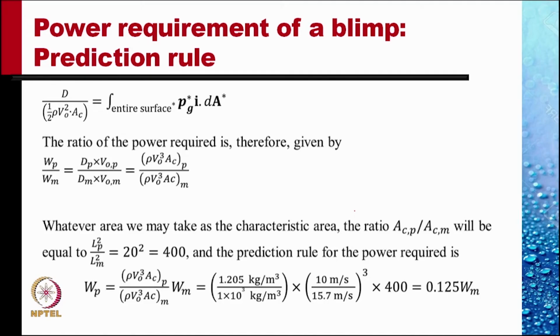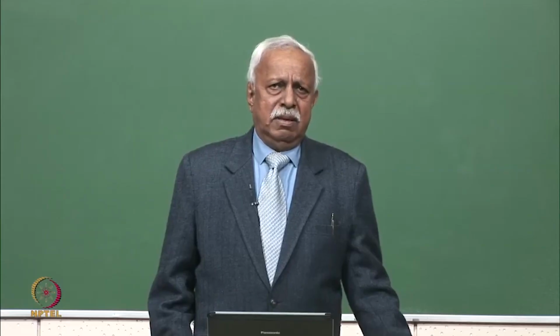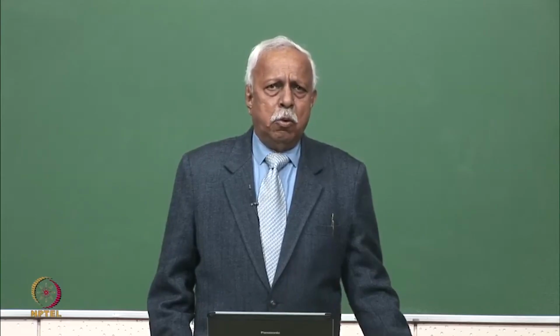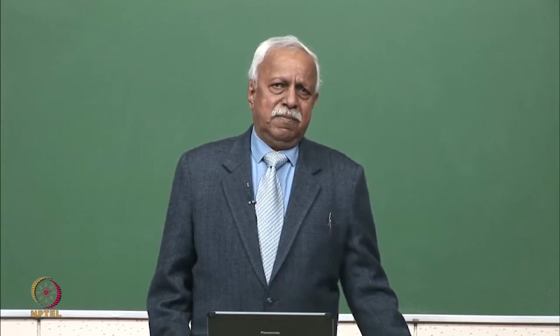And the prediction rule of the power required becomes Wp is equal to rho V naught cube AC P divided by rho V naught cube AC M into Wm, and we plug in the values to get 0.125 Wm. Thus, the prototype would require only 1/8 of the power that the model uses.